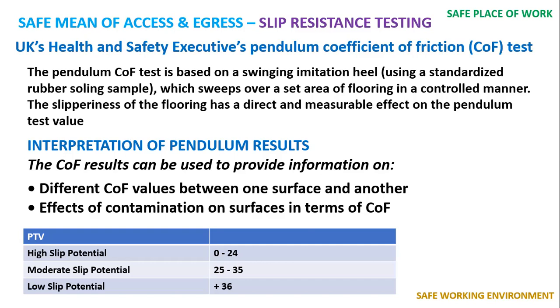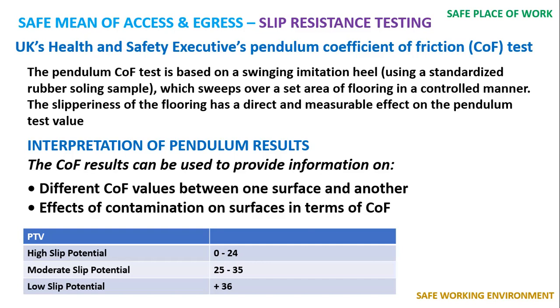This pendulum test helps to find out the different values of the coefficient of friction between the surfaces, and also whether the surface is contaminated by some lubricating agents or by some spillages.